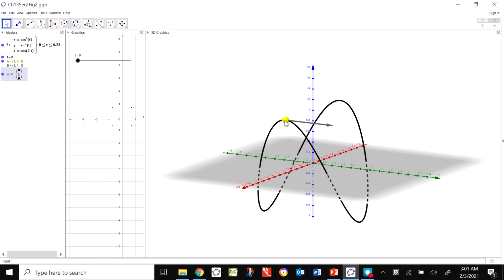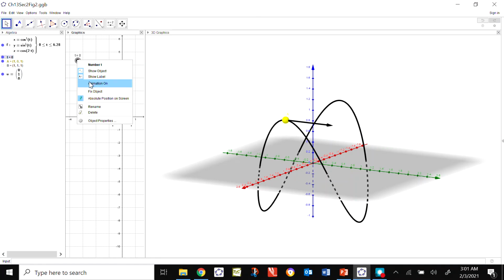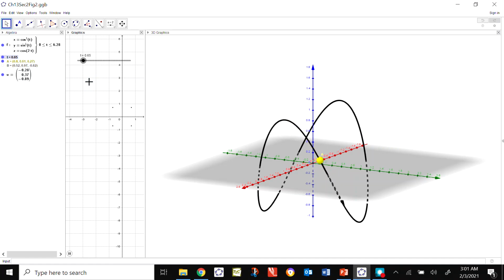I drew that vector here. And check this out. If I run the animation now, that vector stays perfectly tangential to the curve. Constantly it's pointing in the tangential direction.